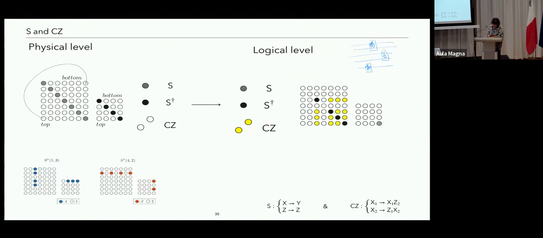Basically, I do a bunch of S dagger and CZ gates on the physical level. And on the logical level, I'm going to have S gates on the diagonal logical qubits that are on the right, S dagger on the left, and CZ between pairs. So I see that between these two guys here, I see that between these two, and so on.